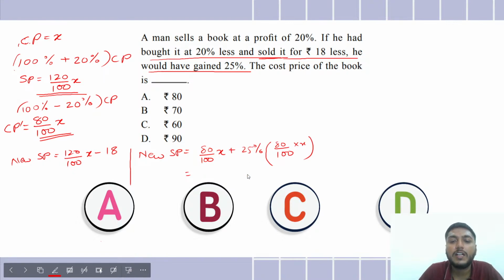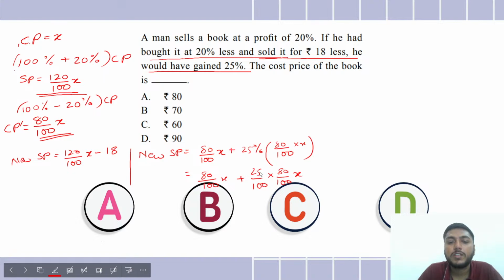So 25% would ultimately become 25 by 100, and this multiplied by 80 by 100x, and here we have to add 80 by 100x, right? So this is ultimately our new SP also. So 80 by 100x plus 25 by 100 into 80 by 100x, right?